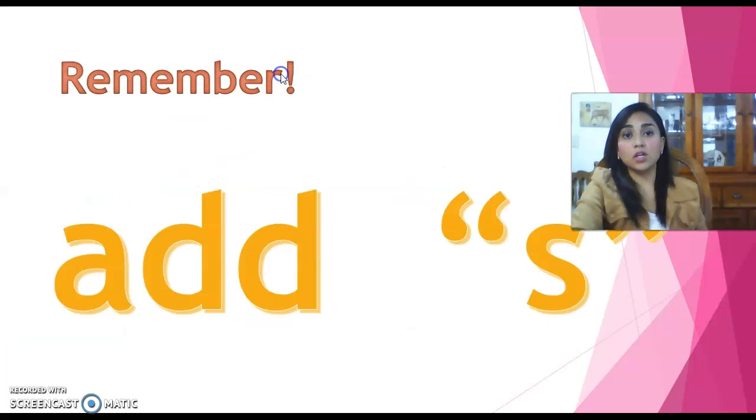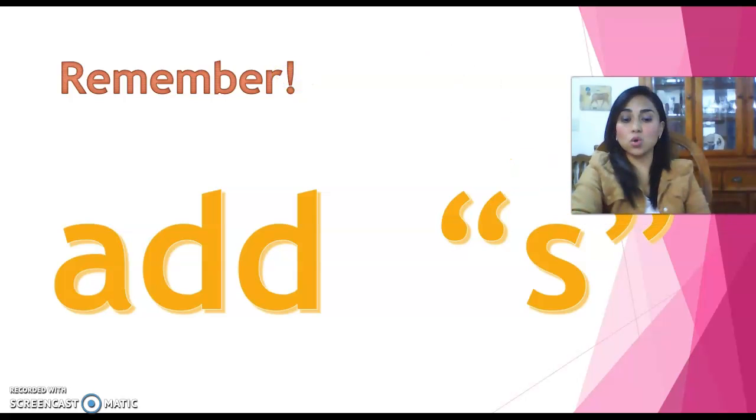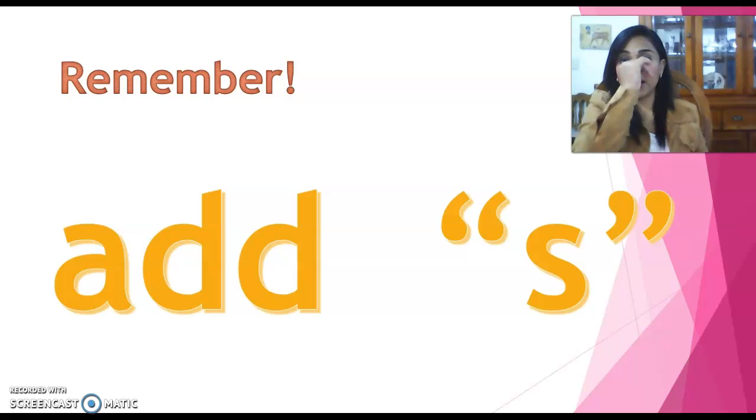Ahora, tú ya sabes que para ser plural una palabra le agregamos es. We add es at the end of the word. Le agregamos ese al final de la palabra.